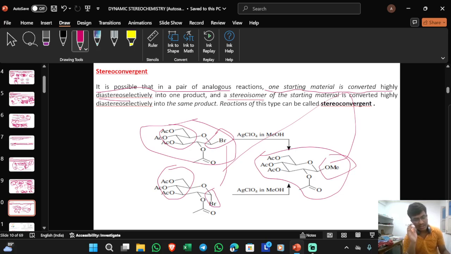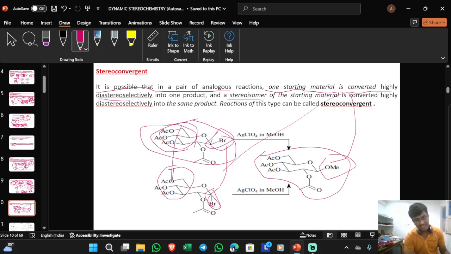First, calculate these other compounds. These compounds have chiral centers that are the same in two, but different chiral centers in the others, so these are diastereomers, and diastereomer means diastereoselective.